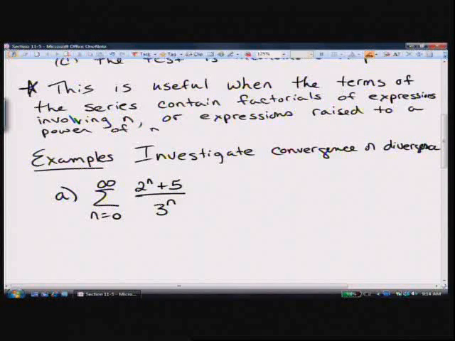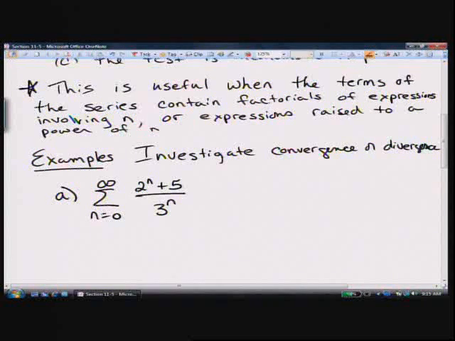You could write this as 2/3 to the n plus 5 times 1/3 to the n. And then you could say here, that is 2 geometric convergent series, so it must converge, right? So you could make an argument, a different kind of argument.